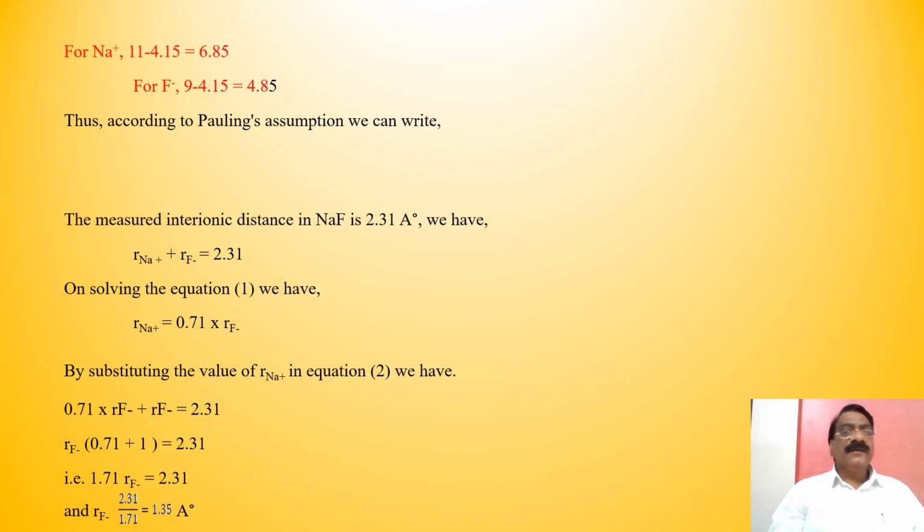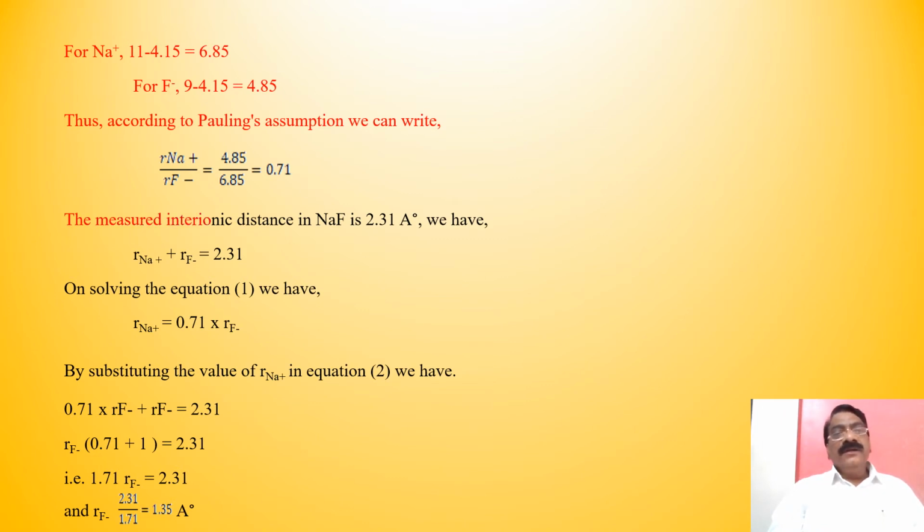For F-, 9 minus 4.15 is equal to 4.85. Thus, according to Pauling's assumption, we can write RNa+ upon RF- is equal to 4.85 upon 6.85 is equal to 0.71.